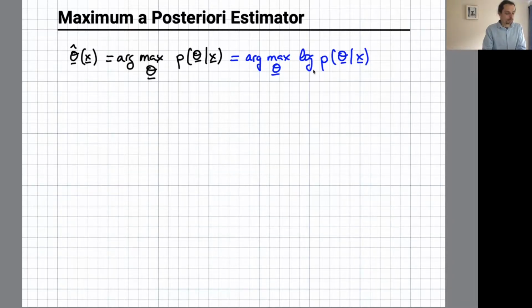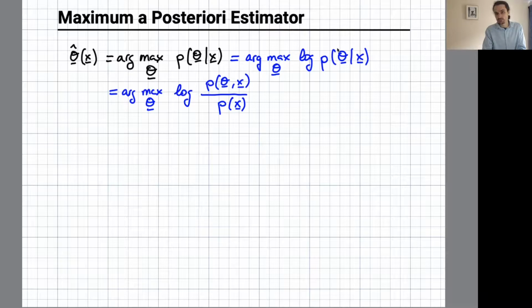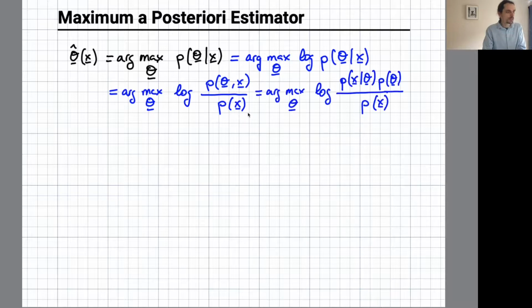So now one can just use our working definition of conditional PDF to express this objective function in this way, okay? And applying again the same definition allows us to rewrite the numerator in this form here.